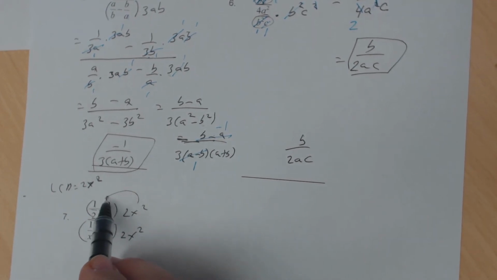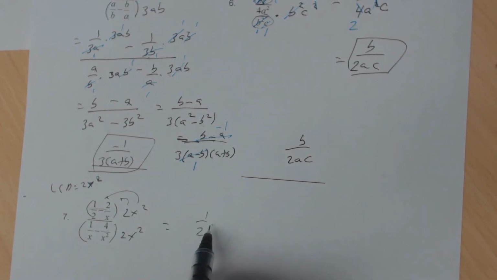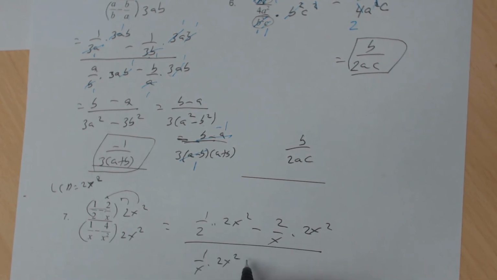And then I'm going to distribute. And so when I distribute, I'm going to get 1 over 2 times the LCD, minus 2 over x times the LCD, all over 1 over x times the LCD, minus 4 over x squared times the LCD.